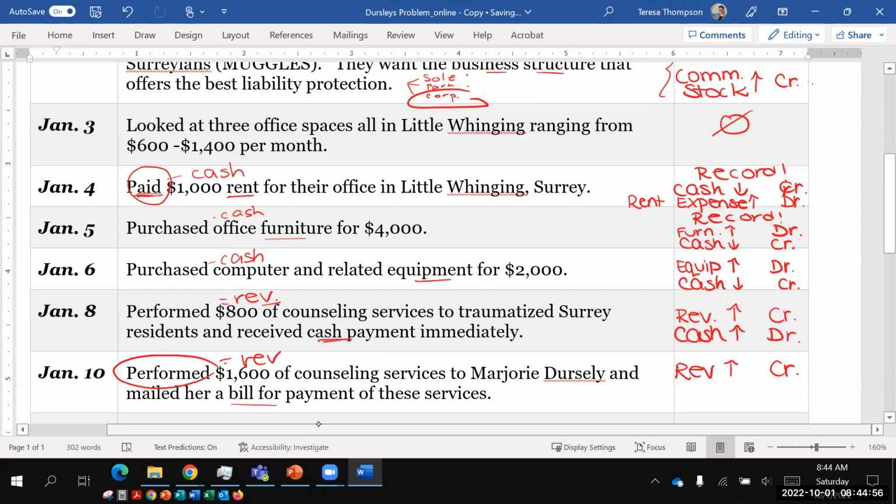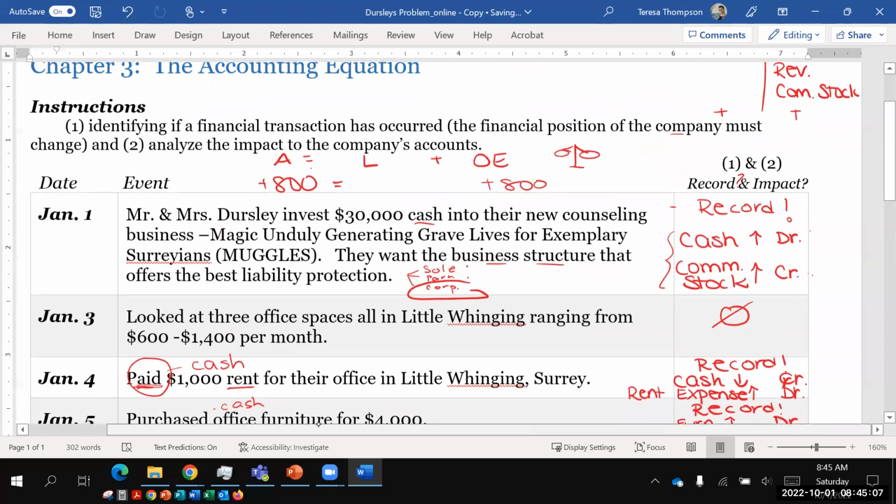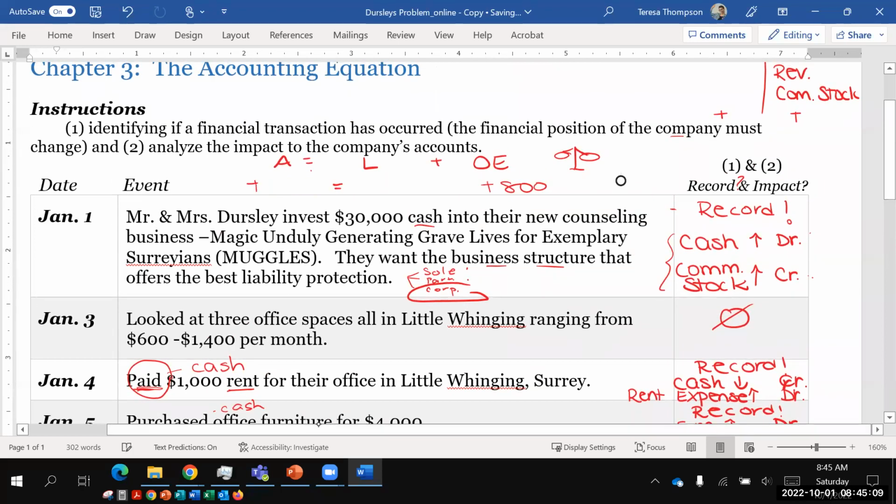So we're not getting cash, but when customers owe us money, that's a customer account that we're planning on receiving in the future, which is an asset. Assets increase with a debit. Okay, so it pretty much looks just like the last one. Revenue's being hit, assets are being hit, but it's a different asset. Instead of cash, like it was in the last one, this one is AR.